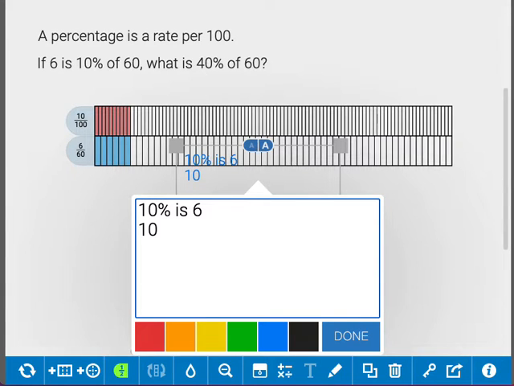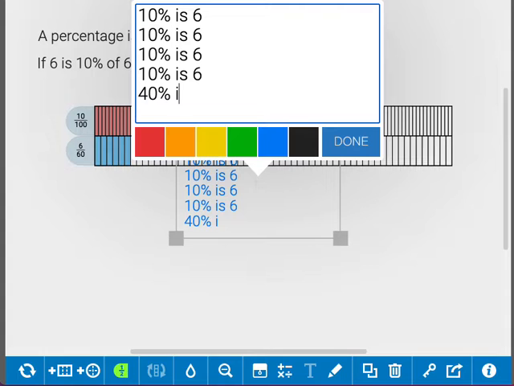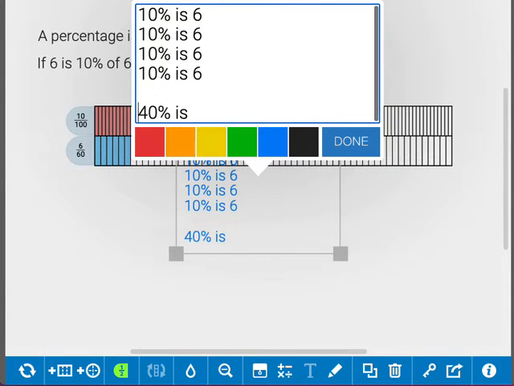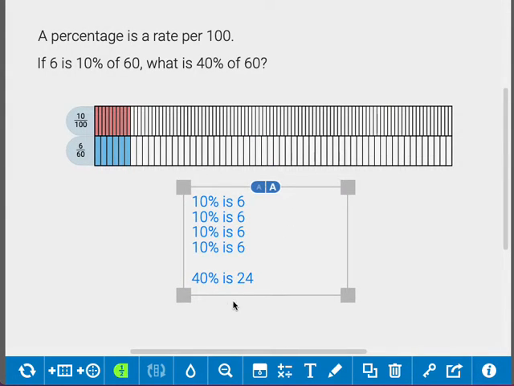So I need 10% 4 times, and when I get 10% 4 times, that's going to be 40%. So that means 40% is 4 groups of 6 because 6 is 10%. So that's a way we can reason about 40% if we know 10%.